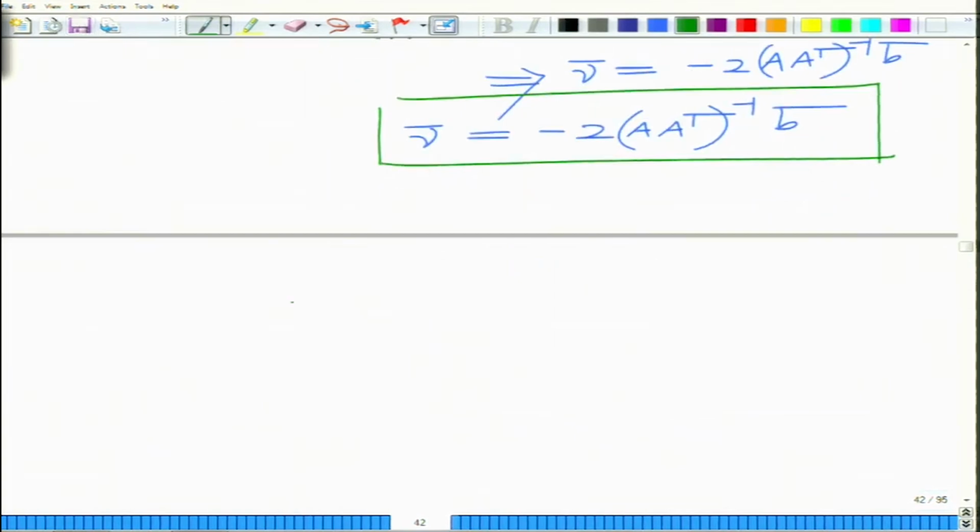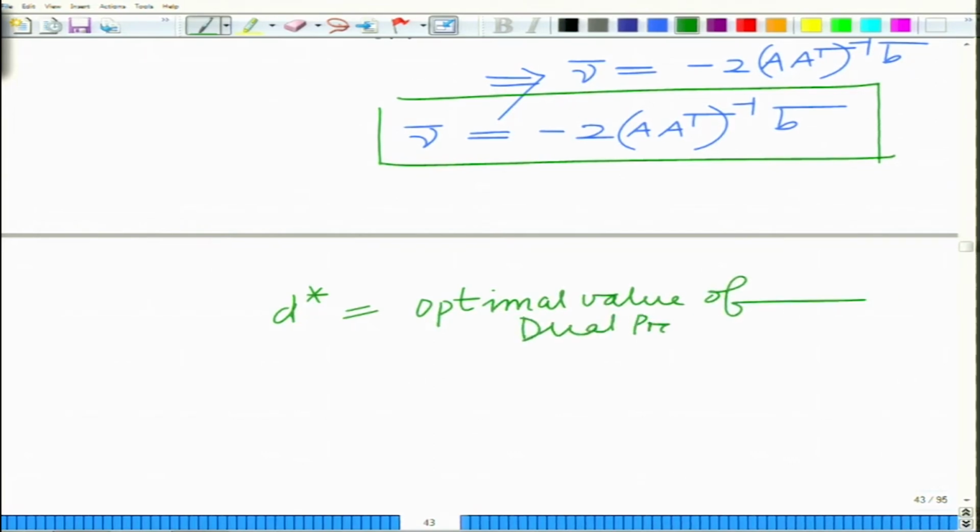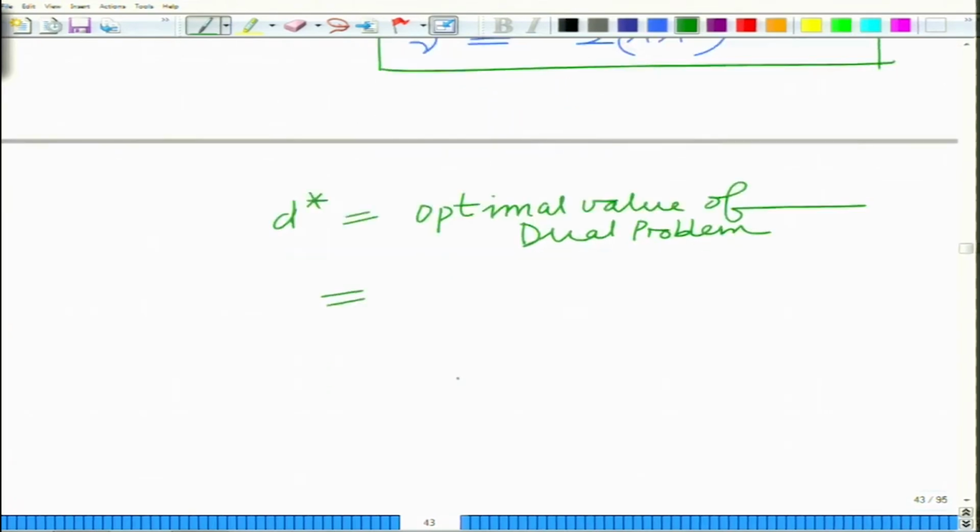Now, therefore, the optimal value d star, this is the optimal value of the dual problem, we simply substitute this value of nu bar in the dual problem, that is minus 1 by 4 nu bar transpose A transpose nu bar minus nu bar transpose b bar.